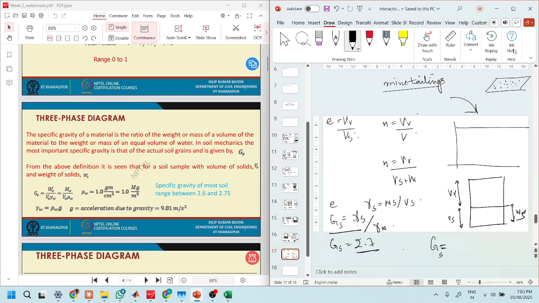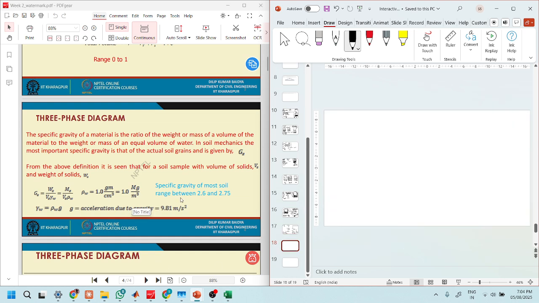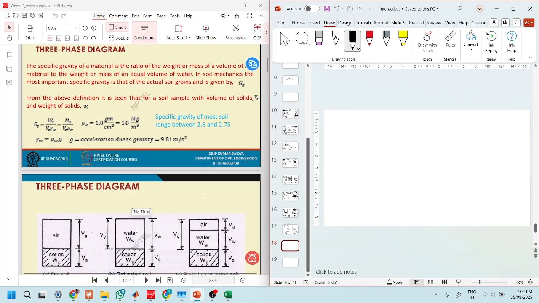It's not like something that you will mine out of the ground; they are just mixed with the soil. You extract the soil and process it. After processing, the soil that you have left will have a higher Gs, because the metals have a higher density. Specific gravity of most soils ranges between 2.6 and 2.75.